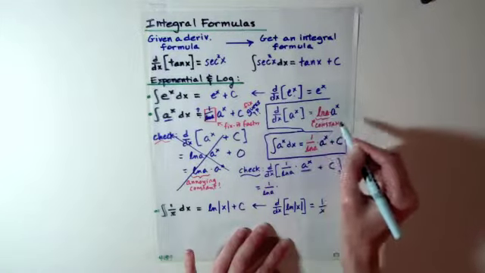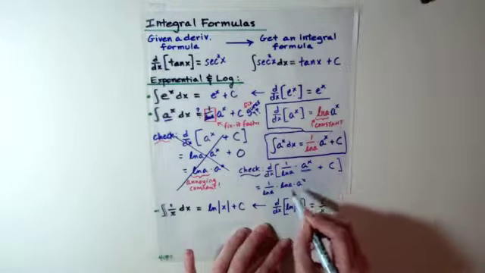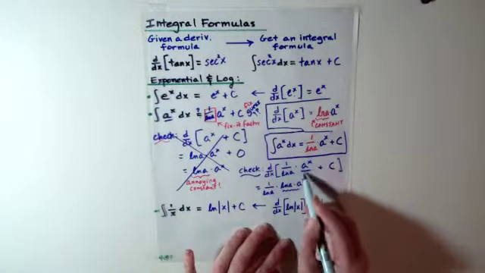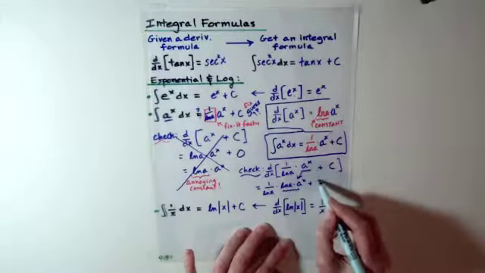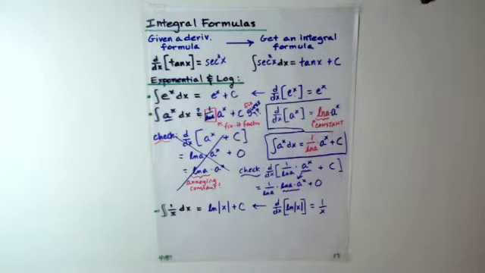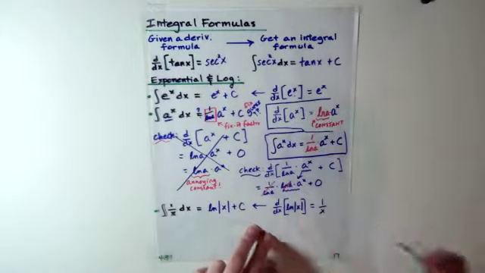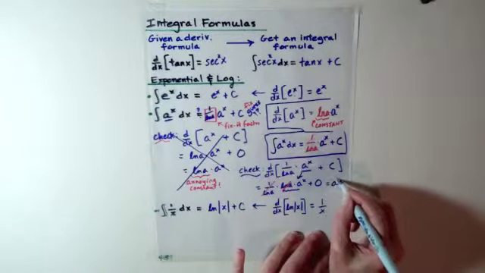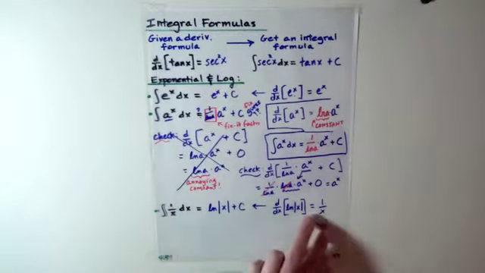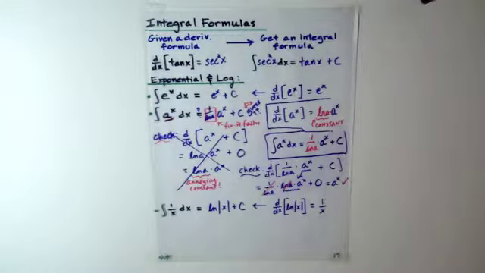Well, the derivative of a to the x is this thing, ln of a times a to the x. So that's the derivative of this. And of course the derivative of c is just 0. And sure enough, the 1 over ln of a and the ln of a cancel out, and I end up with a to the x, the thing that I was asked originally to integrate. So it matches this a to the x.